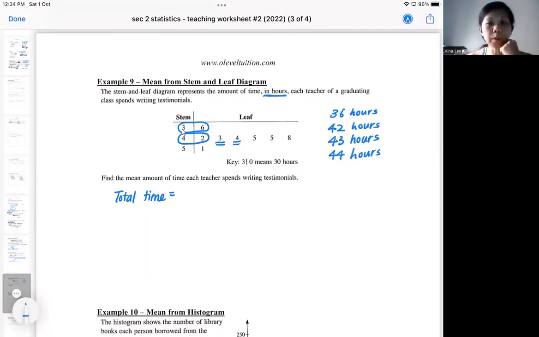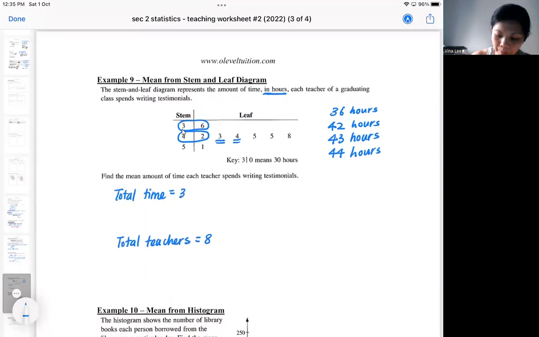So you do the interpretation. From here, you can actually find out how many teachers there are. So the number of teachers. If you count the number of leaves, 1, 2, 3, 4, 5, 6, 7, 8. So there are 8 teachers if you count the number of leaves. If you would like the total time, you have to add up.